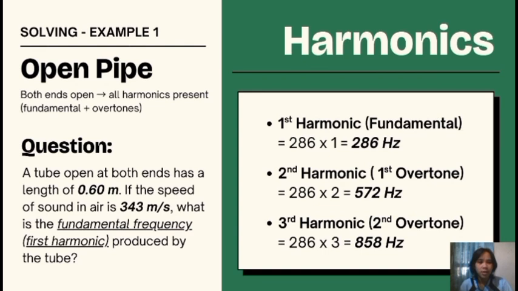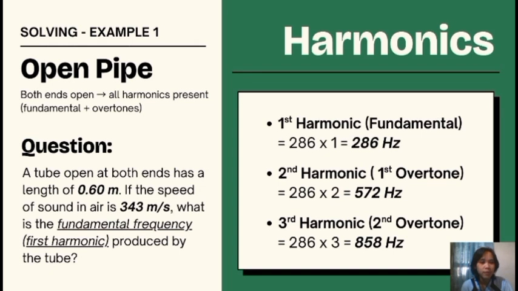So let's now proceed to the harmonics of an open pipe. If both ends are open, all harmonics are present: the first, second, third harmonic. So if we are asked to solve for the first overtone or the second overtone, we just need to multiply by the harmonic number.